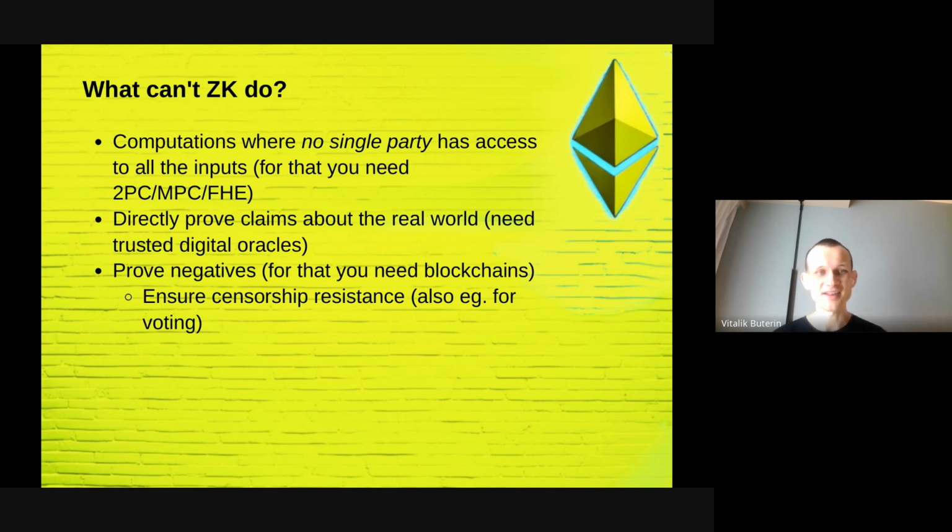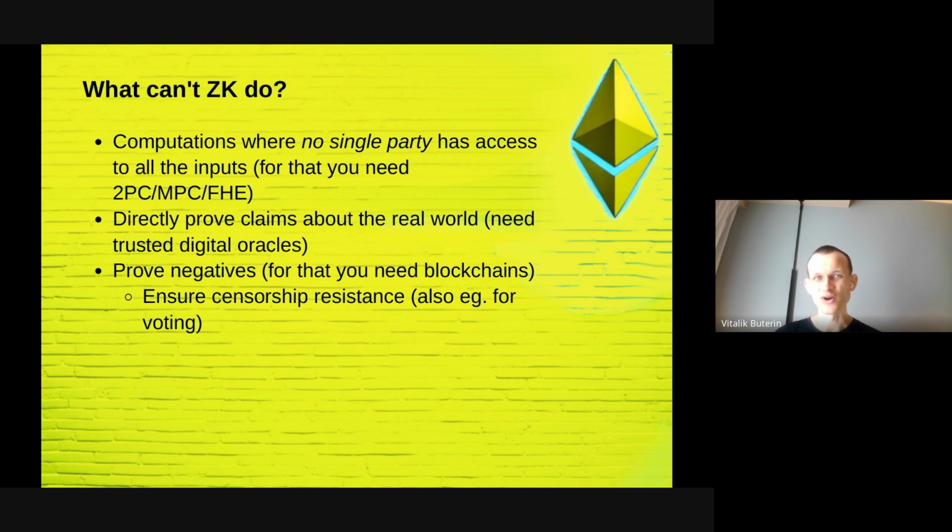Now, what can't ZK snarks do alone, right? The big one is computations where no single party has access to all the inputs. So for that, you need two-party computation like garbled circuits, multi-party computation, fully homomorphic encryption. Basically, one example of this is voting.